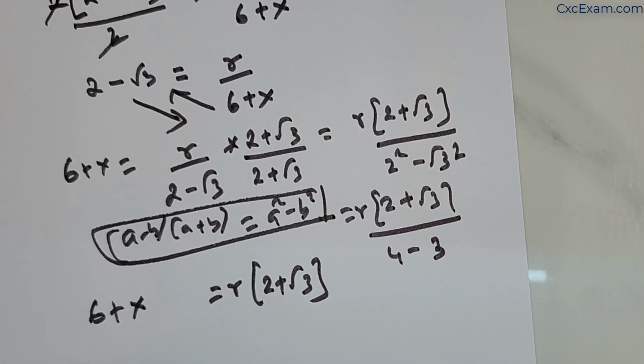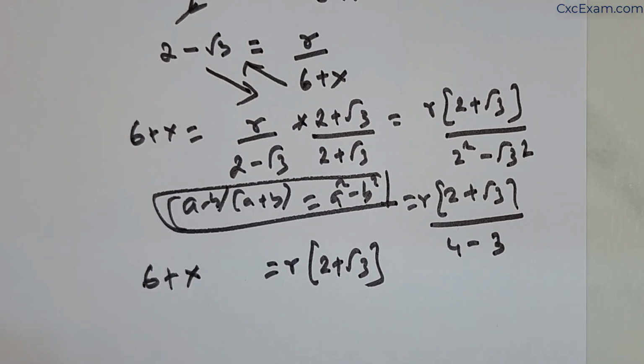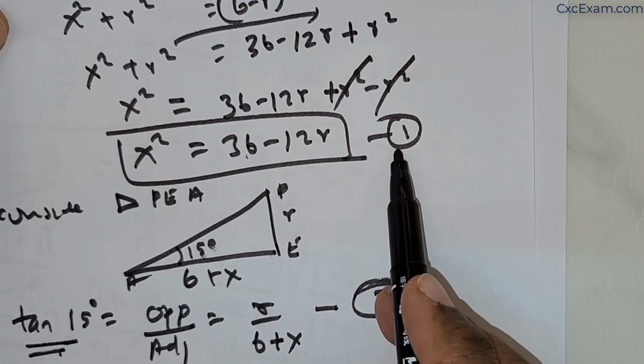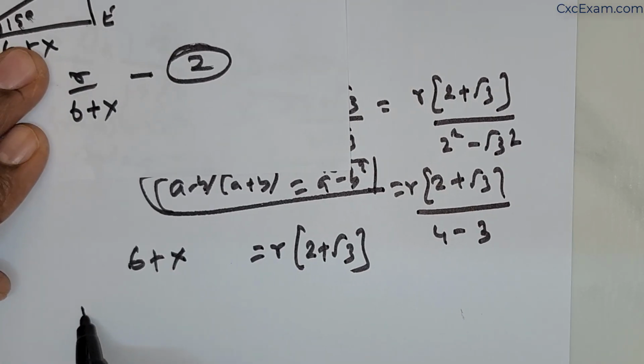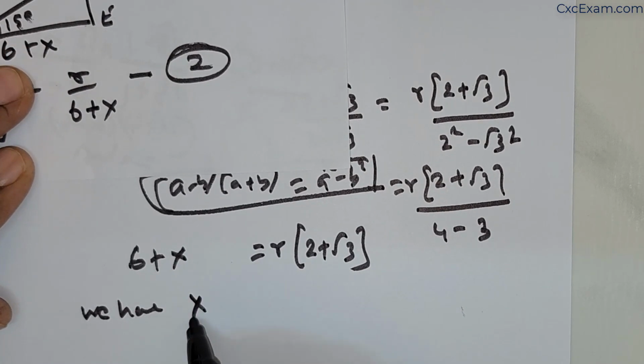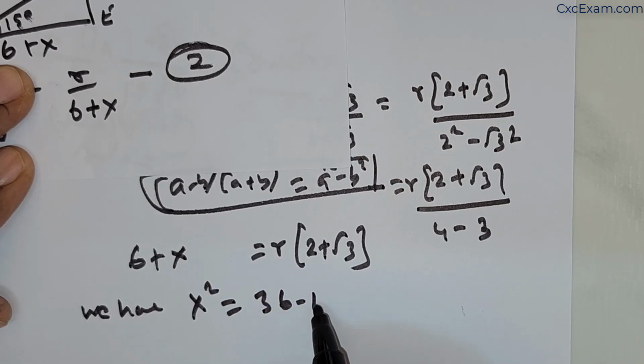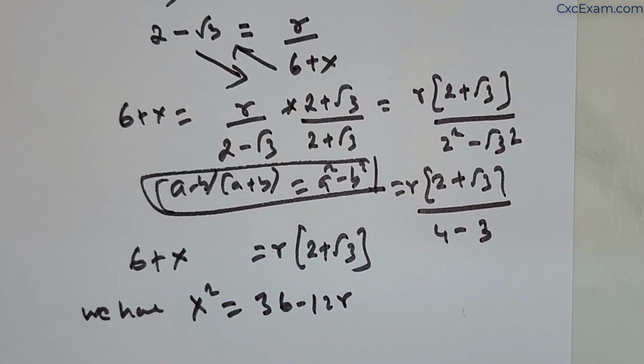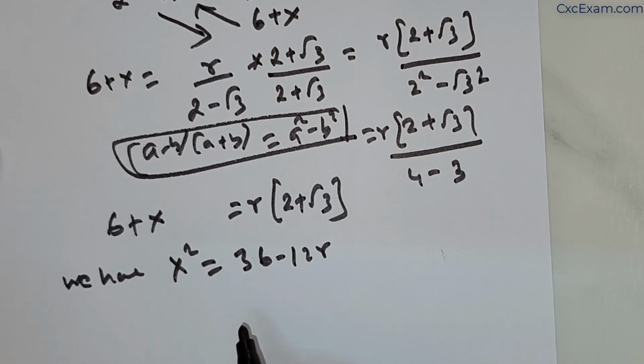Okay, but let me go to the point here from 1, right? We have x squared is equal to 36 negative 12r. Is it not?